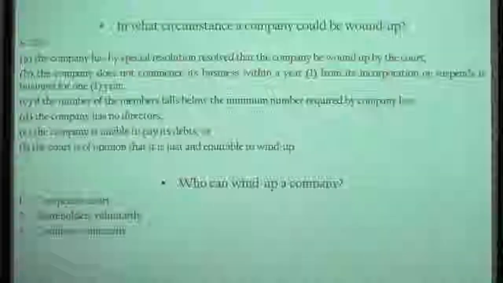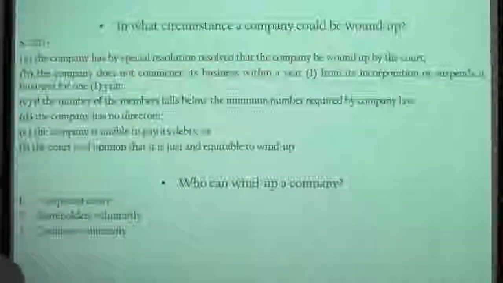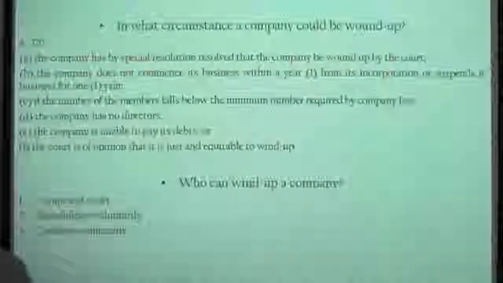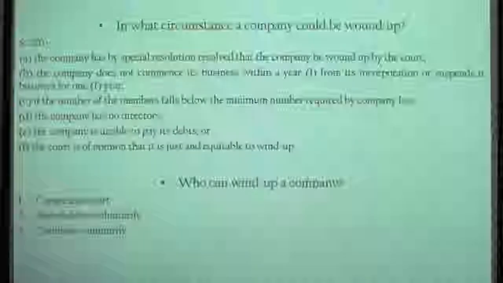I told you that the company directors are the agents of the company, and they are the persons who are running the company affairs, the day-to-day business. When there are no directors, the company simply cannot run. So, therefore, when there are no directors, a company shall be wound up.